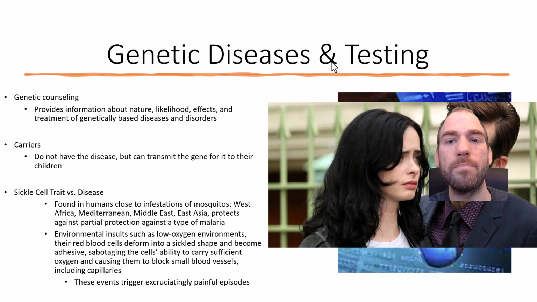However, in certain environments, that adaptation can be more negative. So it's a severe low oxygen environment, for example. This can cause the sickle cell trait to turn into a disease wherein oxygen basically is not able to be transported across the organism, or the human in this case, which can be quite painful and on occasion, depending on just like a stroke or something like that, be fatal.